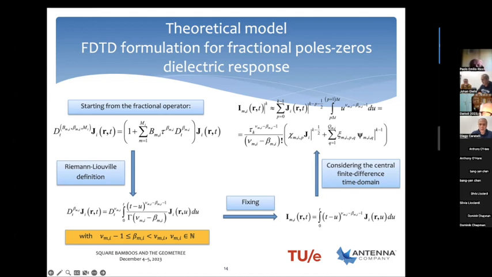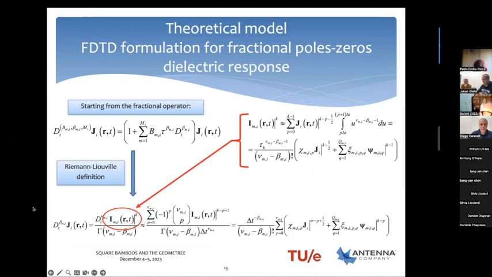So once the individual capital I term is evaluated in the way that is reported here, we can move back and evaluate the general fractional derivative term of the individual polarization current.